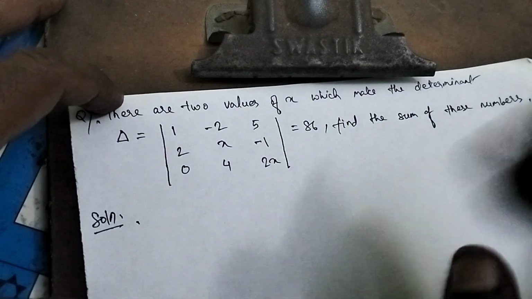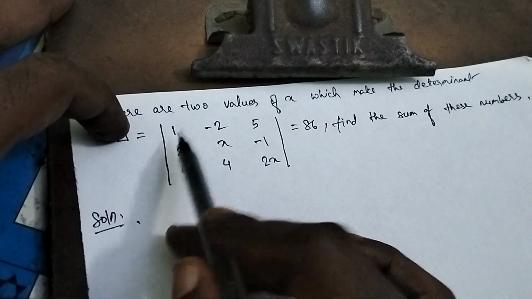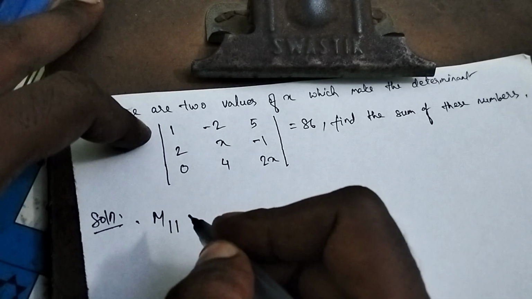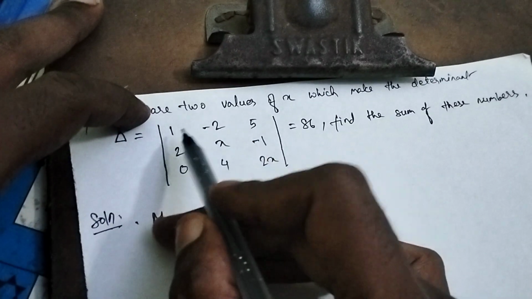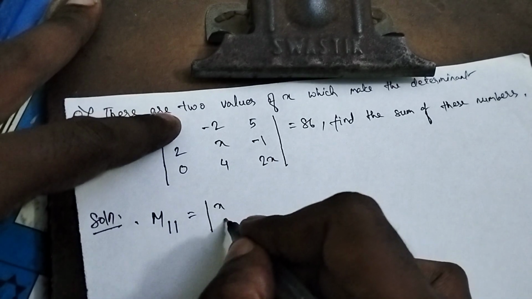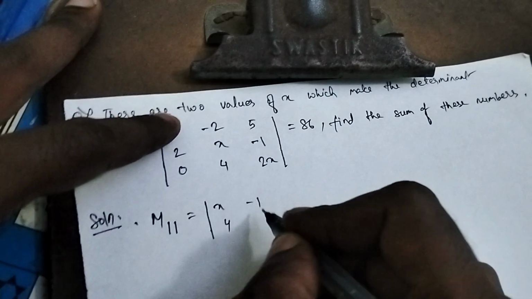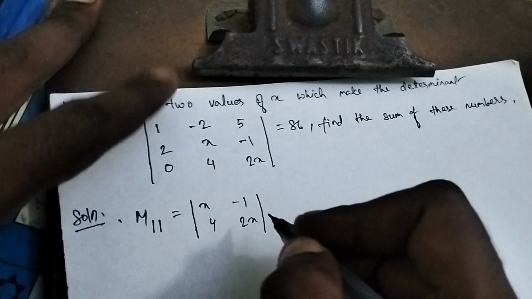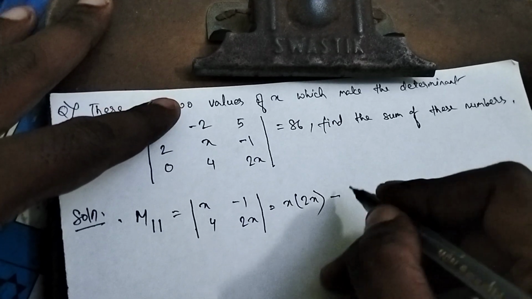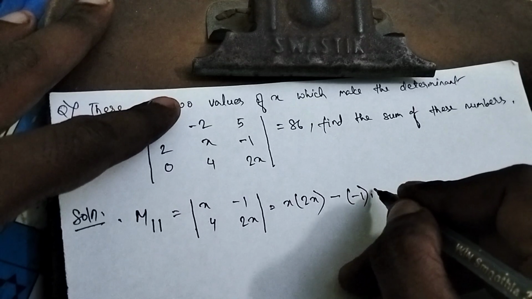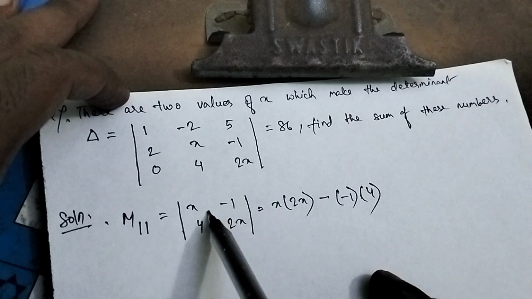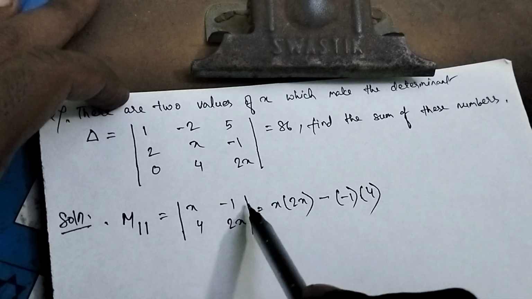Now we will find the minors of the first element. Minor of row 1 column 1 will be x into 2x minus 1 into 4.